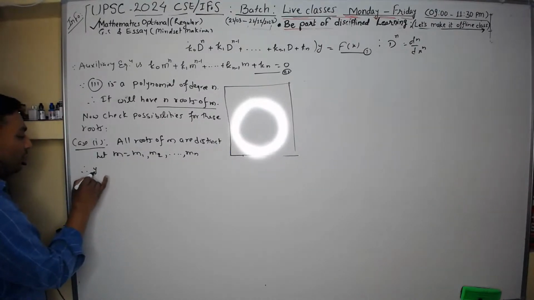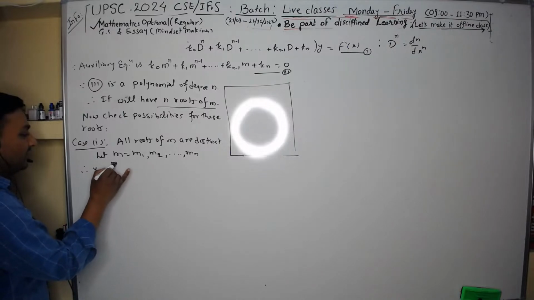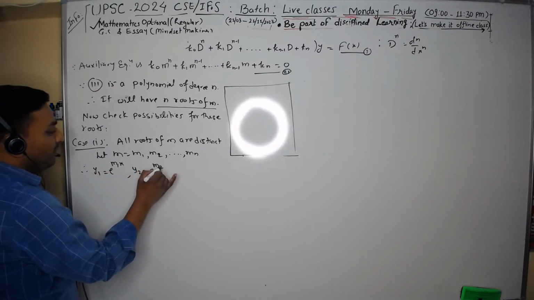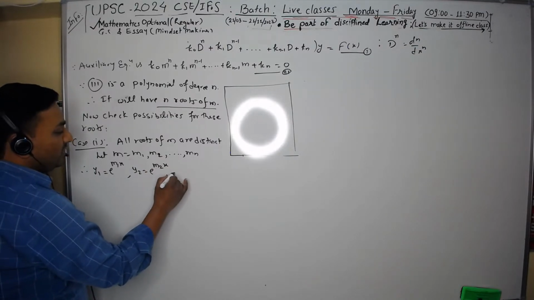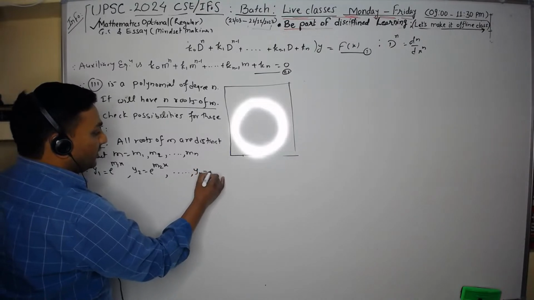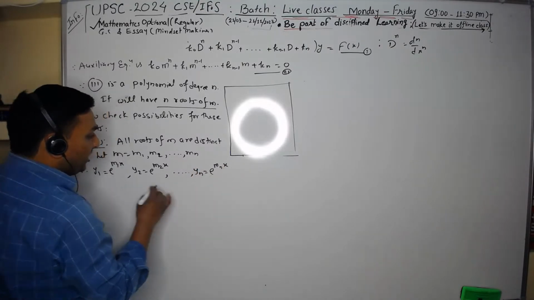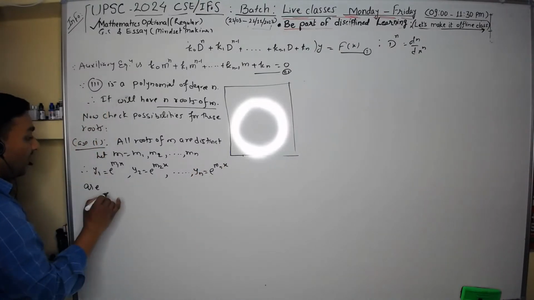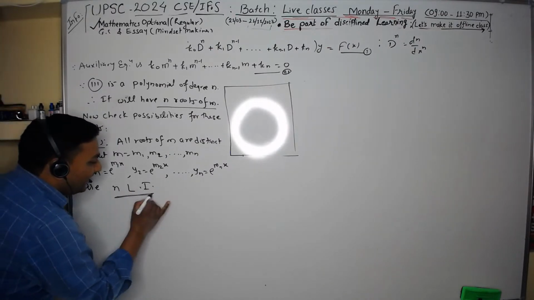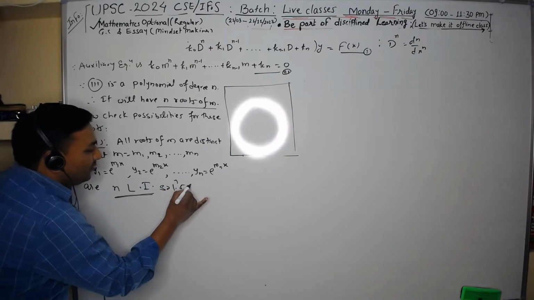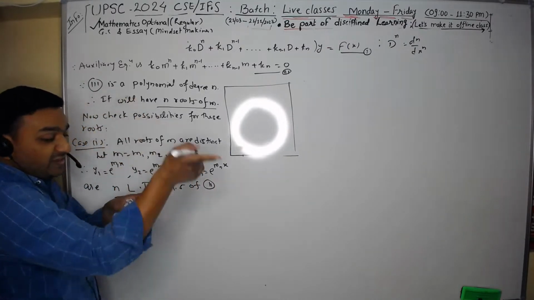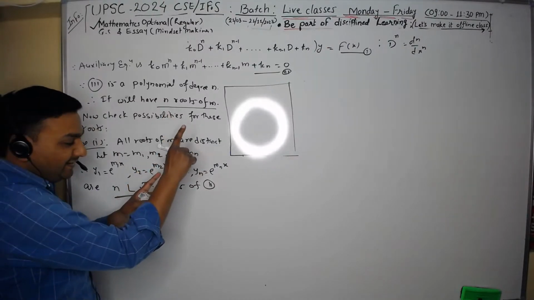So y1 equals e raised to the power m1x, y2 equals e raised to the power m2x, yn equals e raised to the power mnx are n linearly independent solutions of 2, which is का RHS 0 है differential equation का, right?